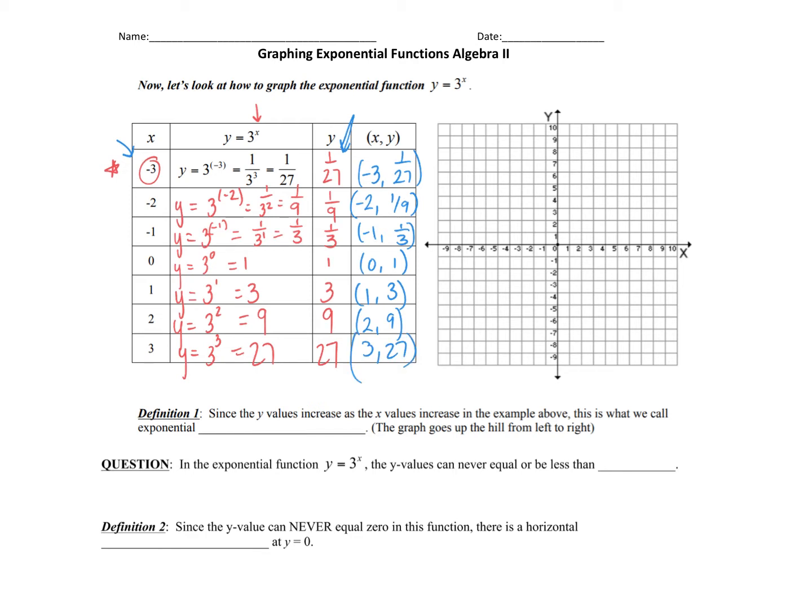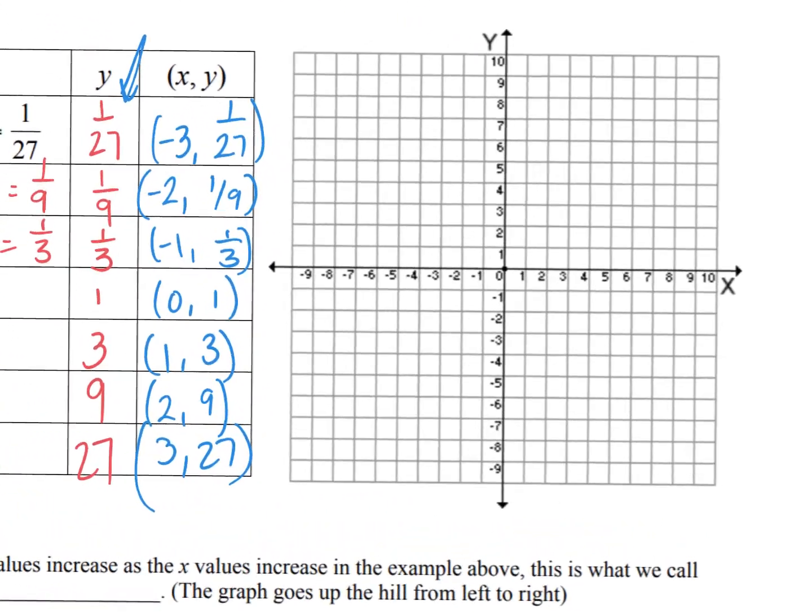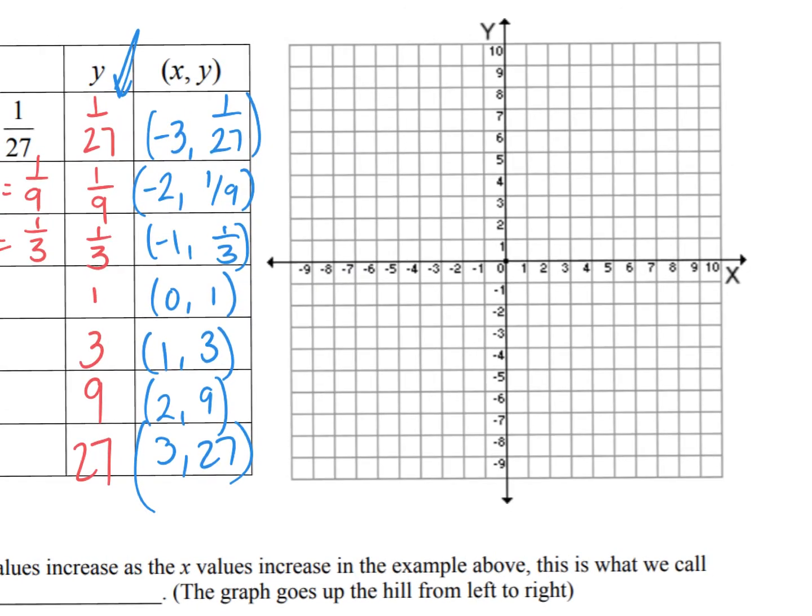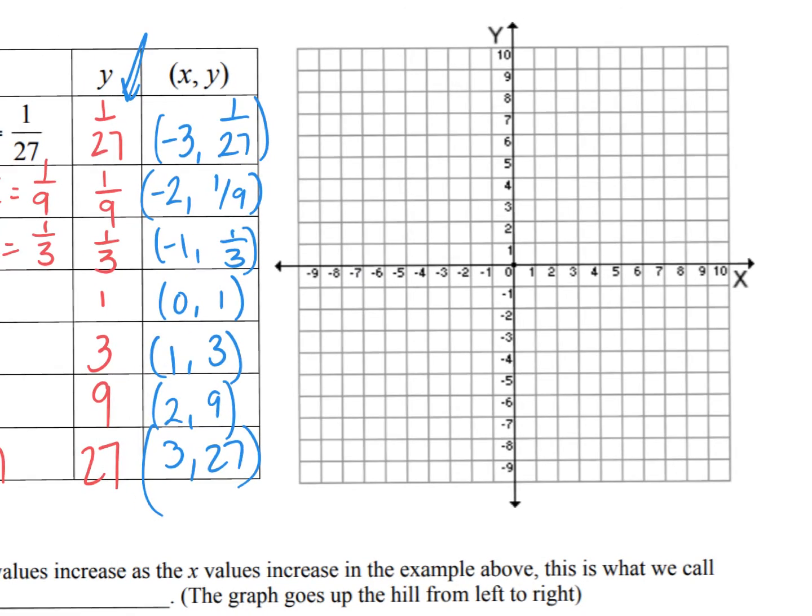Okay? Now, from here, we're going to try our best to graph it. I understand that 1 over 27 and 1 over 9 and 1 over 3 are going to be super hard to graph, so we're just going to do our best. It's not going to be perfect. I'm going to zoom in really close. So the first point I'm going to graph is -3 and 1 over 27. It's going to be super, super close.